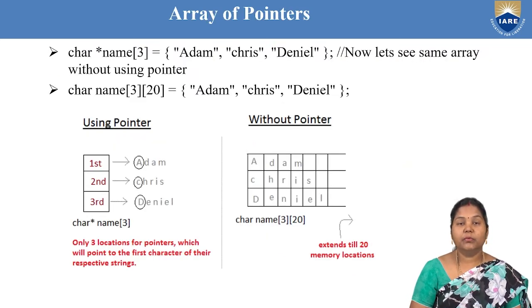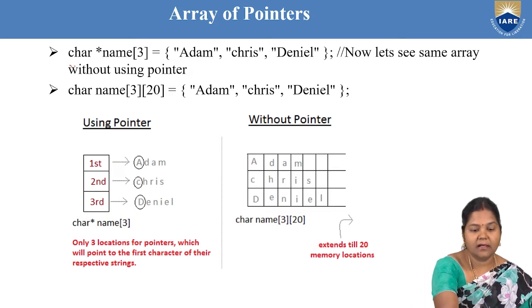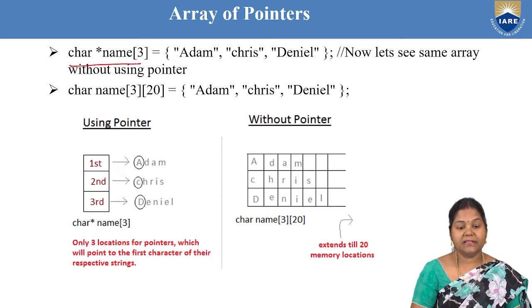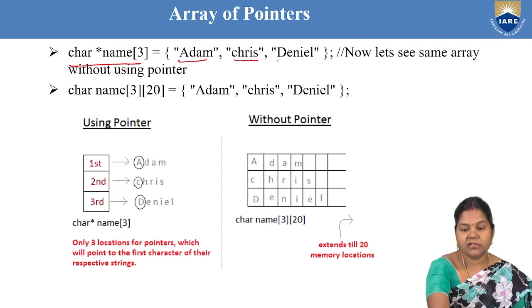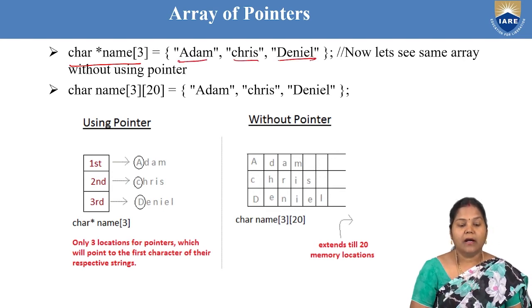Next comes array of pointers. Suppose there is a character array containing 3 names. That means char star name of 3, which contains the addresses of 3 different strings. Suppose these are the 3 different strings. Now, how to write this without using pointers?